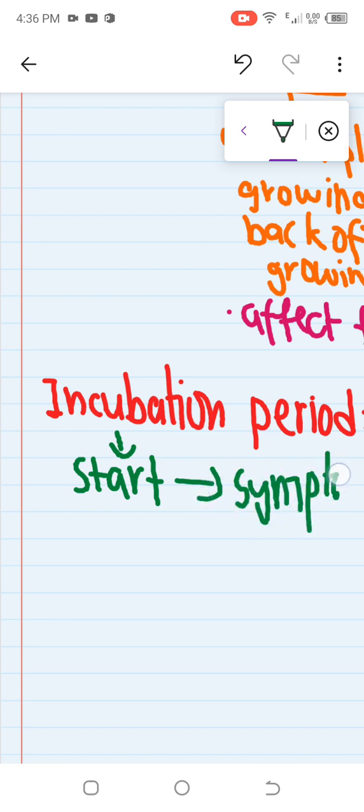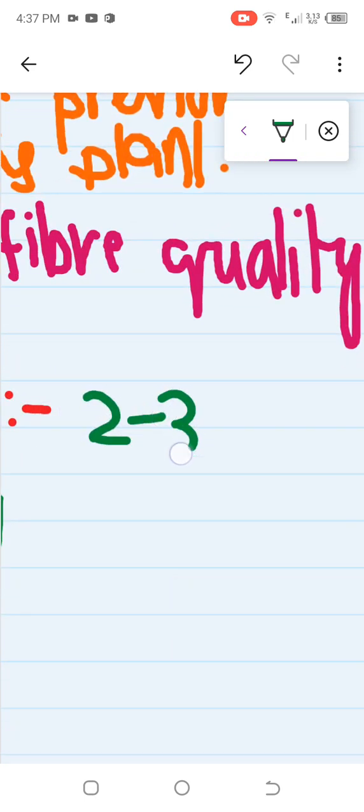So the period from starting to when symptoms occur is known as the incubation period. This period is around 2 to 3 weeks for this CLCuV, cotton leaf curl virus.